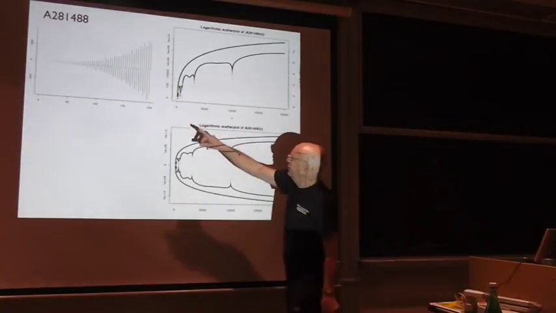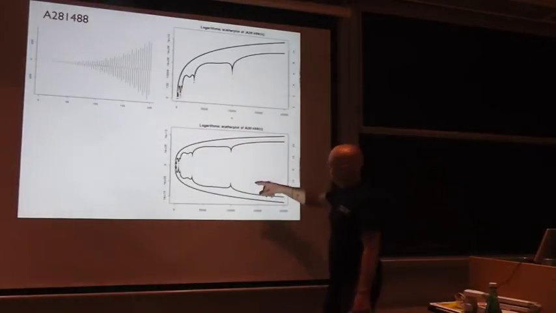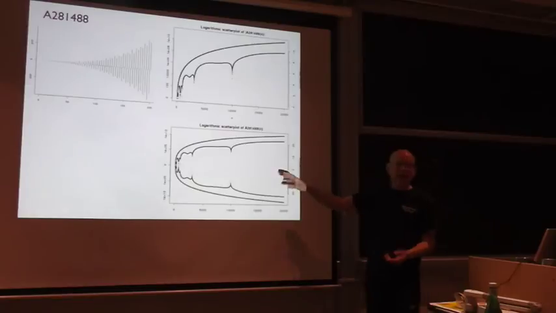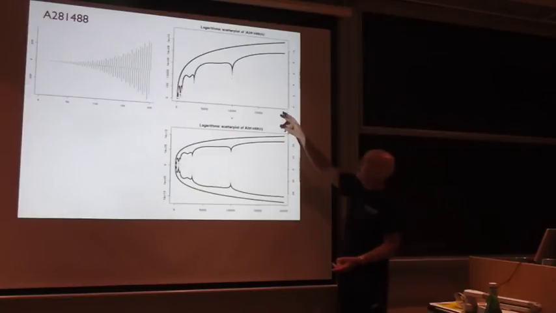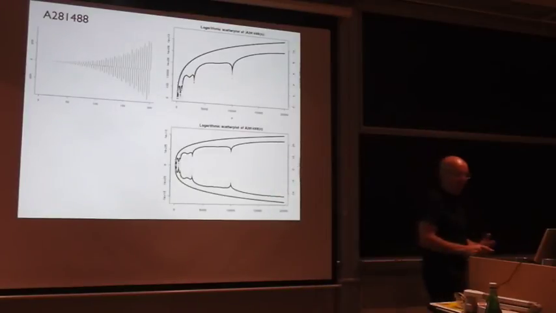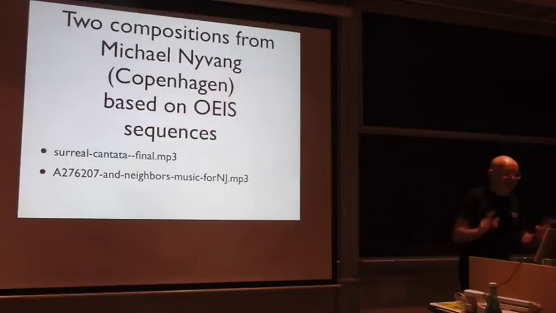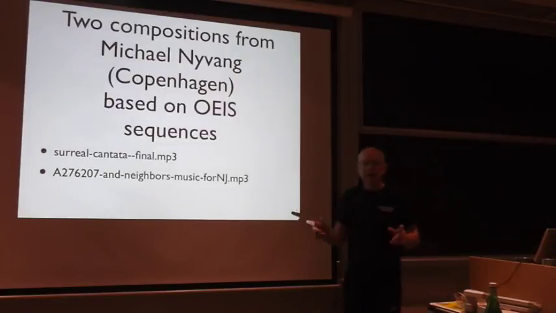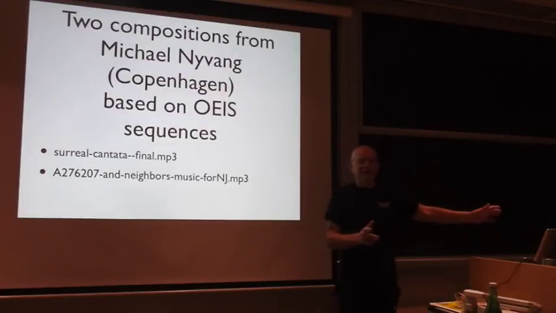Here are the graphs. 200 terms, 20,000 terms. And because it's got negative values, we do it in 2 different ways. Log of the absolute value or the inverse hyperbolic sine, which actually is more mathematically appropriate.